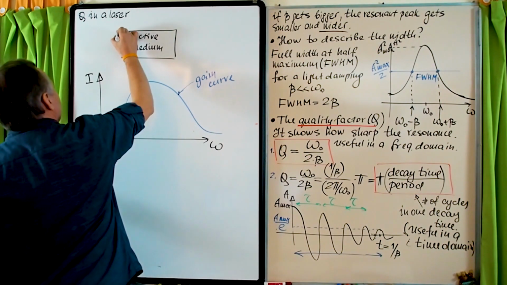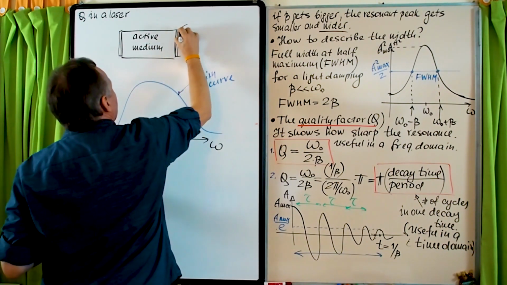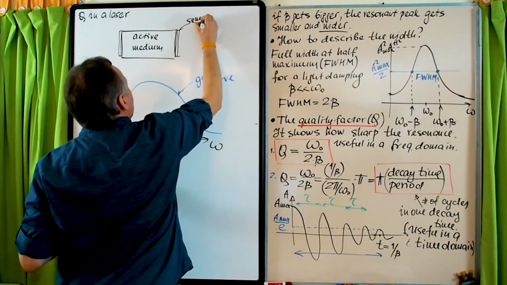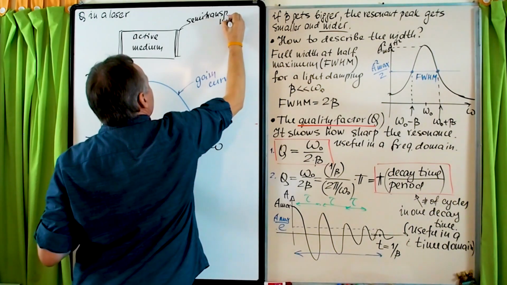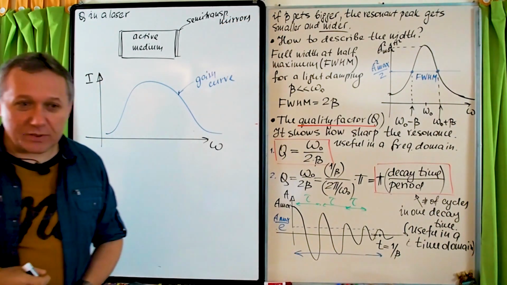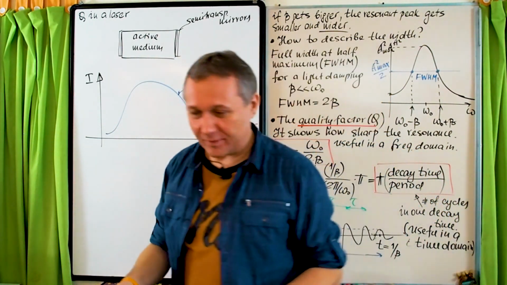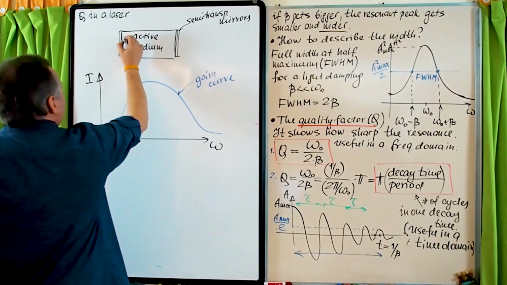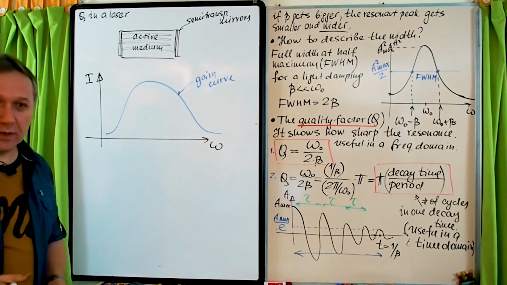And these mirrors form what is called a Fabry-Perot cavity.